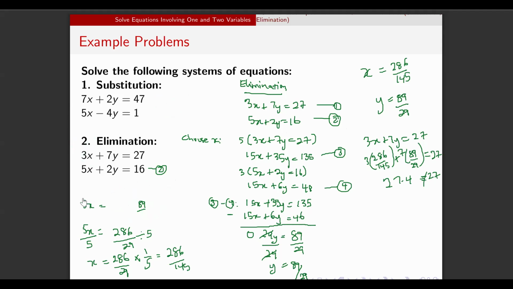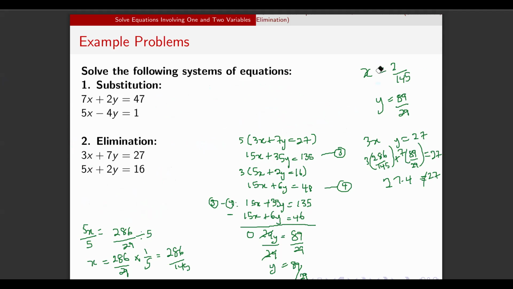For question 2, I wasn't able to give you the correct answers for x and y, but when you are trying it, make sure you put them in there. Let's see if you were able to come up with the right answers.